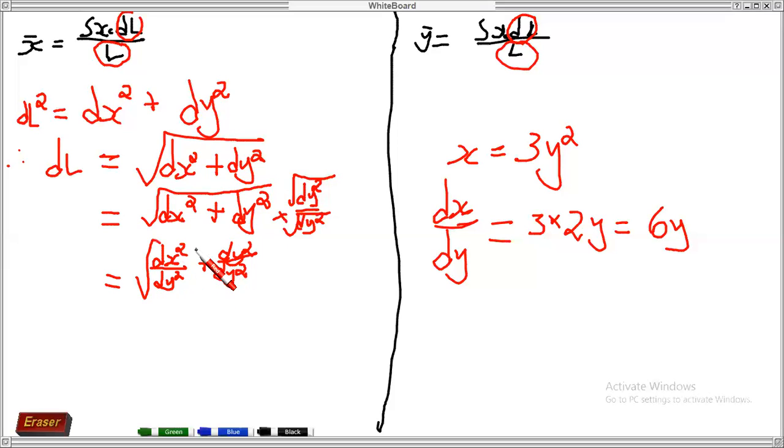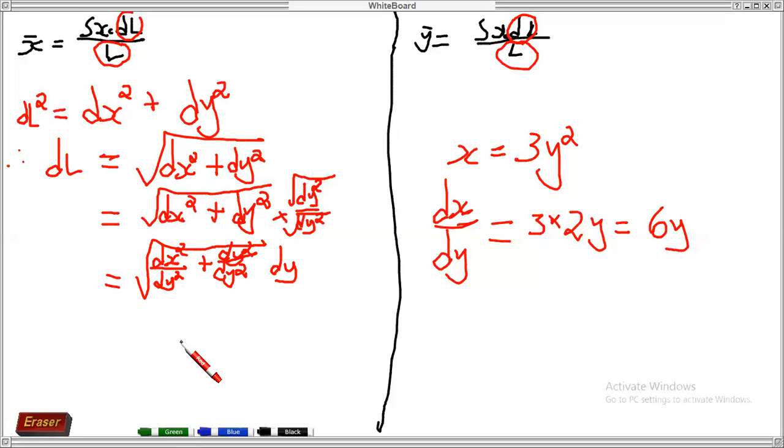This whole thing is inside the square root, but outside here is the component square root of dy squared. You can actually cancel this square root with these two, and then you're only left with dy outside. So you can be left with dy here. It can remain like that.